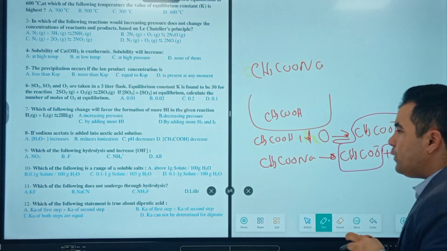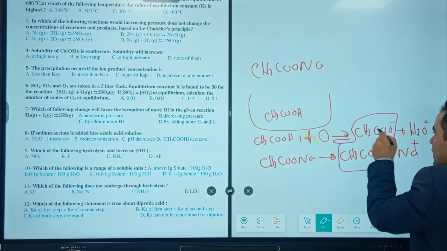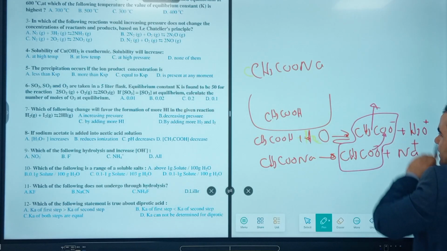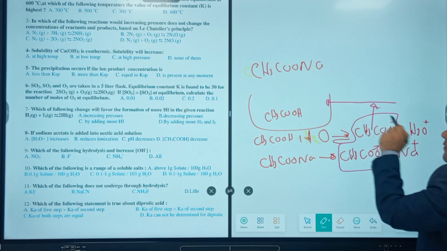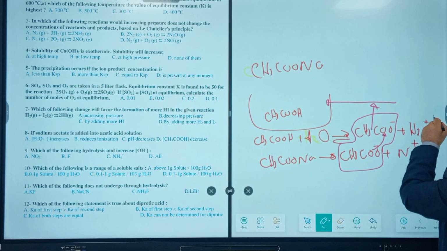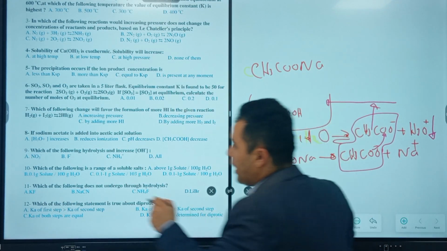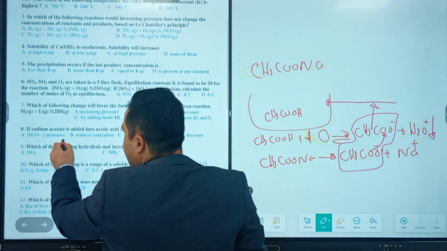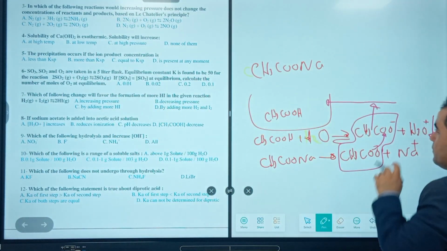Does the hydronium concentration increase? No. When we add this to the above, it increases the concentration of acetate. As the concentration of acetate increases, the reverse is favored. As the reverse is favored, hydronium reduces. So A is incorrect. It reduces the ionization.